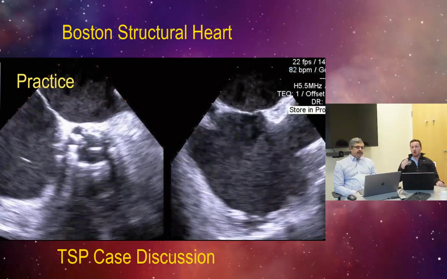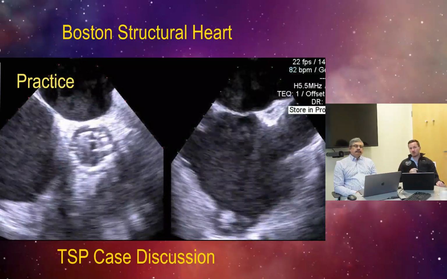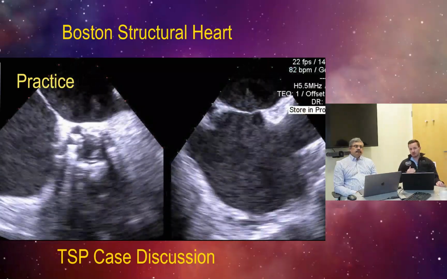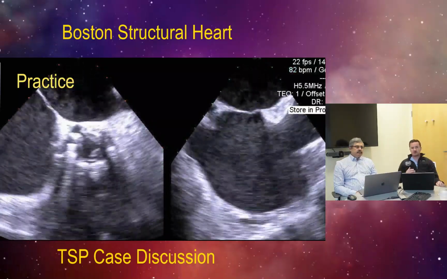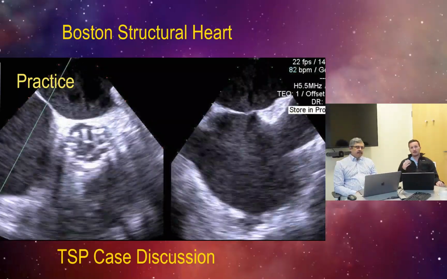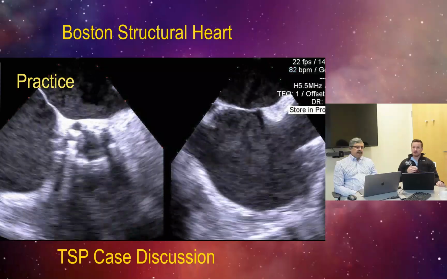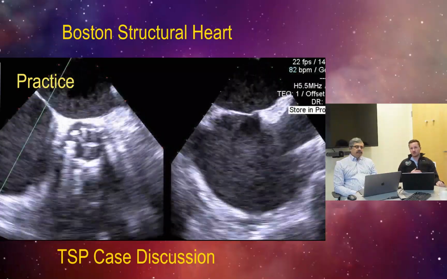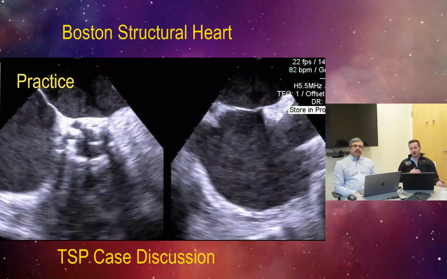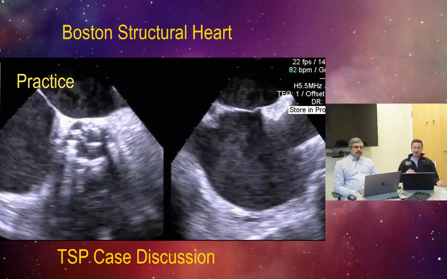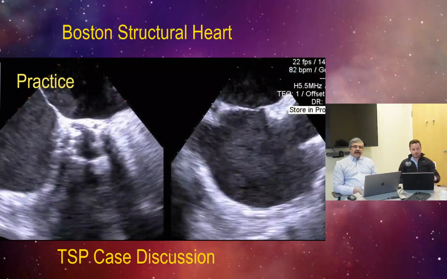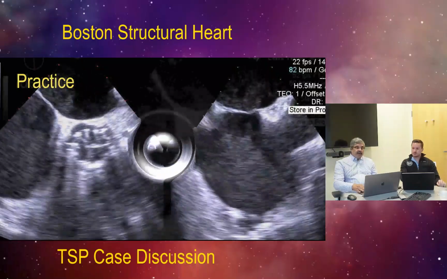And so knowing exactly where you have your optimal bicaval view, your optimal short-axis view, enables you to very quickly go between these views, and so you're not looking for this needle, looking to obtain the best bicaval view while the proceduralist has his needle in the vicinity of the fossa ovalis. All right, so that's the practice phase. That's the most important one.